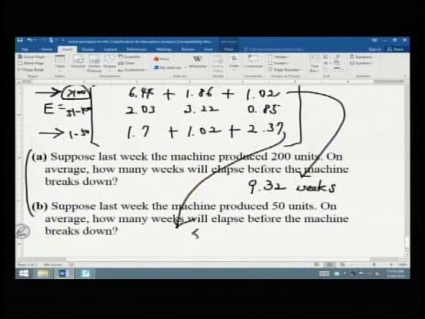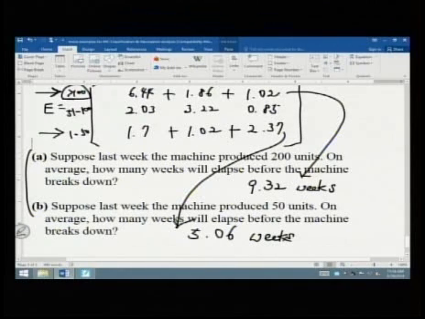Is that 5.06? So about 5 weeks until breakdown. Okay. Is that very easy? Straightforward? Okay.